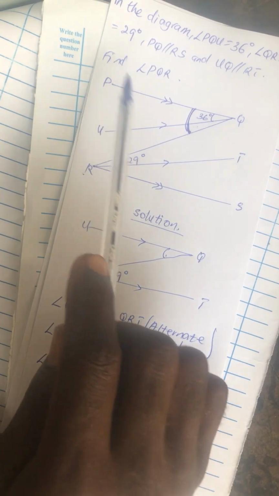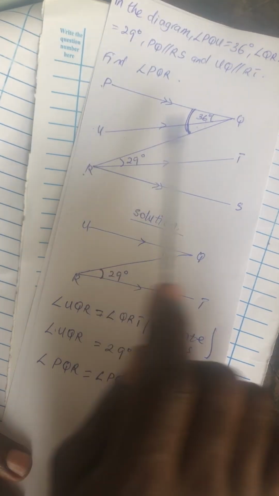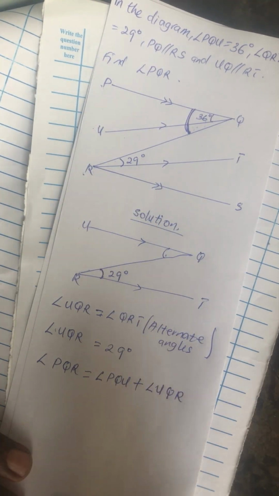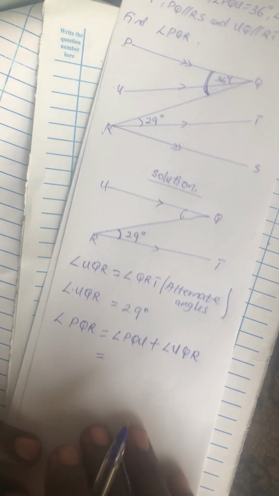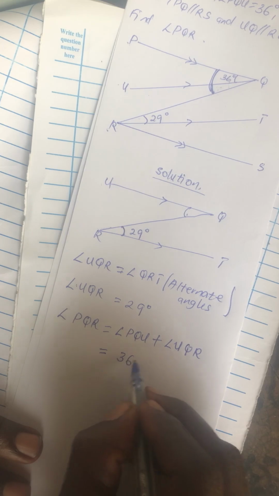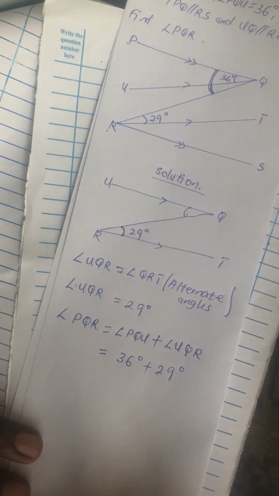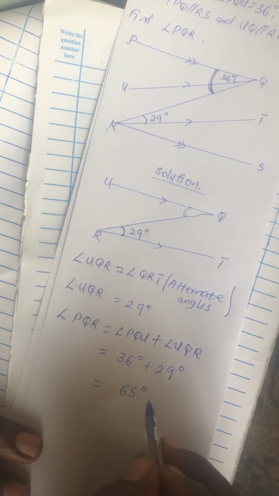PQU is the angle 36, and UQR is the angle here, which we have identified as 29 degrees. Putting the two together, I have 36 degrees plus 29 degrees. We are arriving at 65 degrees.